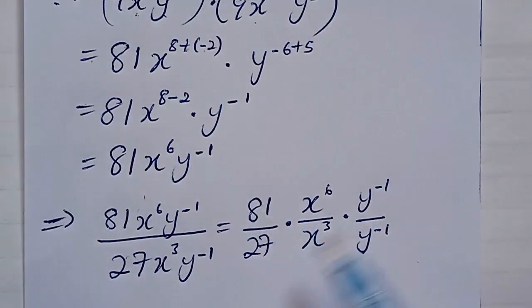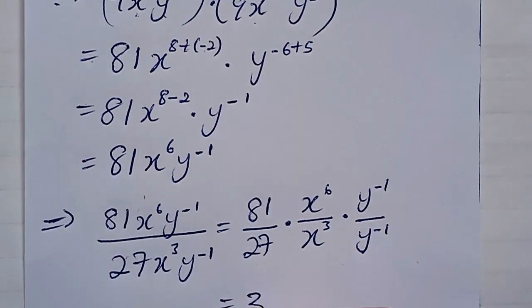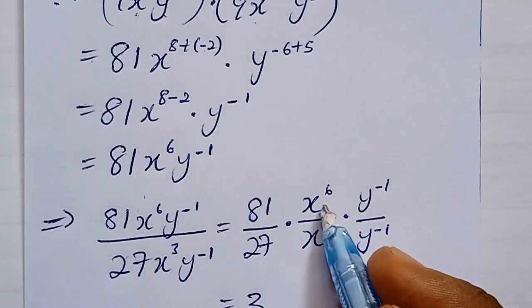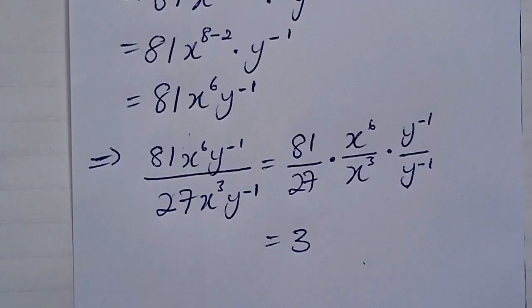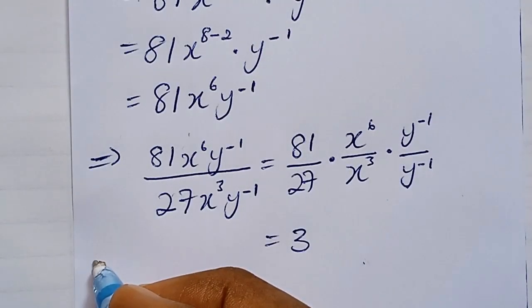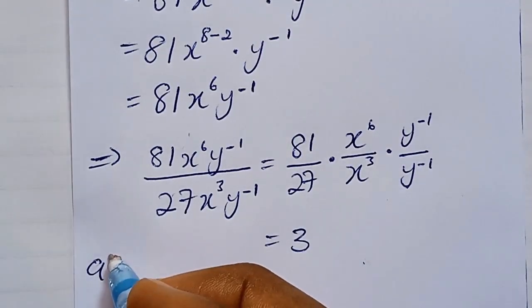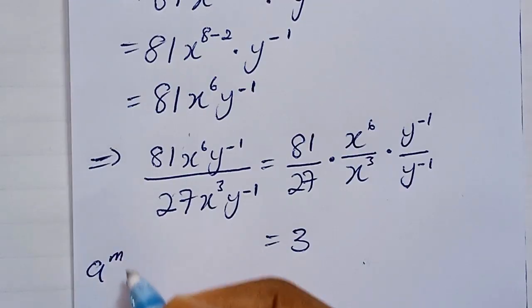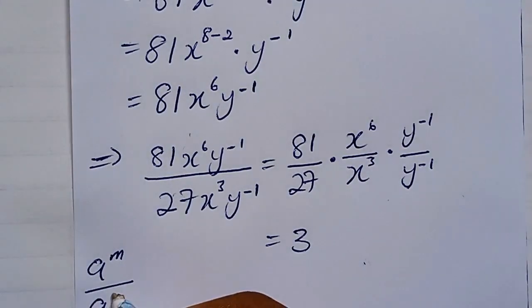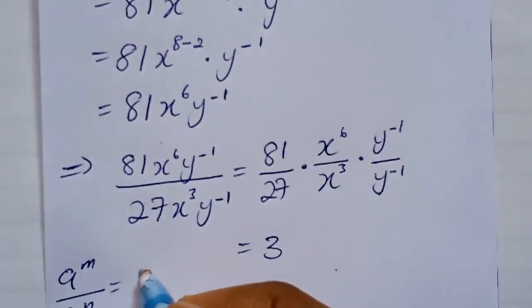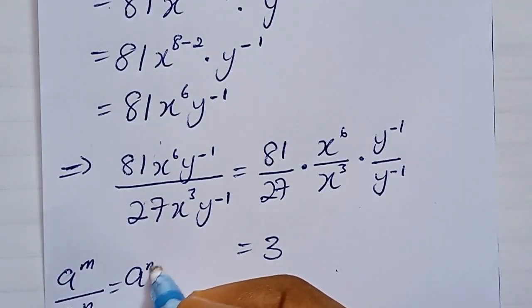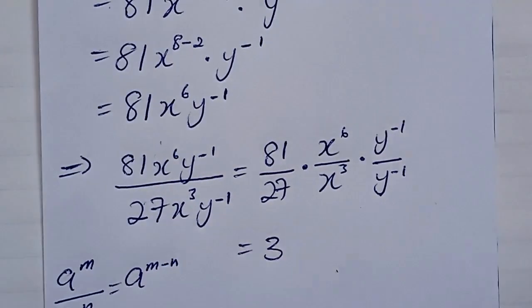So 81 divided by 27 will give us 3. Then this divided by this is written using the identity that says base a^m over base a^n is written as a^(m minus n).